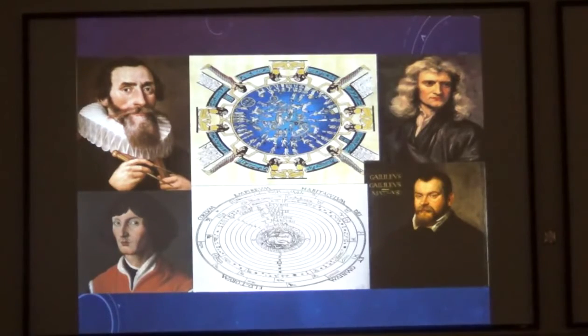And so these are just pictures of Galileo and all the other really good guys, Copernicus and everybody, and then just the ancient astronomical calendars and things that are very, very interesting.